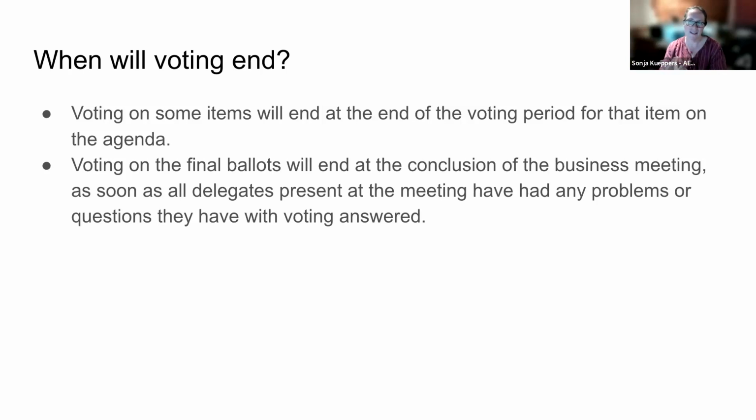We anticipate that we'll have a breakout room in the Zoom meeting for people who are having trouble with some aspect of the voting, that they can come and talk to us about whatever that issue might be. And we do anticipate also providing a phone number so that you could call one of the members of the voting support team about any problems that you might be having with voting. So some of the items will end at the end of the voting period for that particular item.